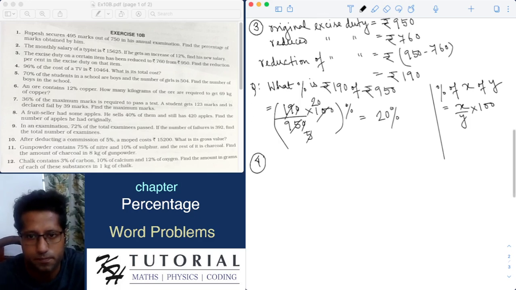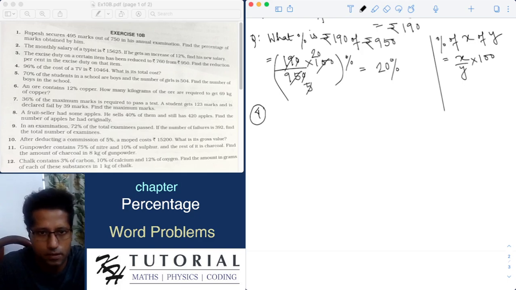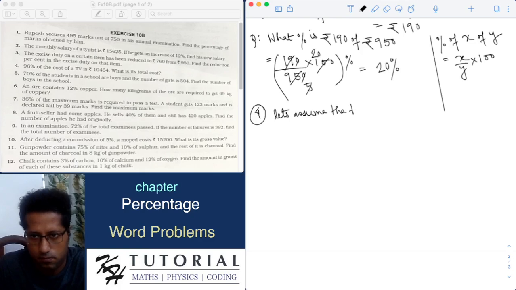Okay, let's do question number 4. It says 96% of the cost of a TV is rupees 10464. What is its total cost? For this kind of problem, we usually solve by assuming the total cost. So let's assume the total cost equals rupees x.